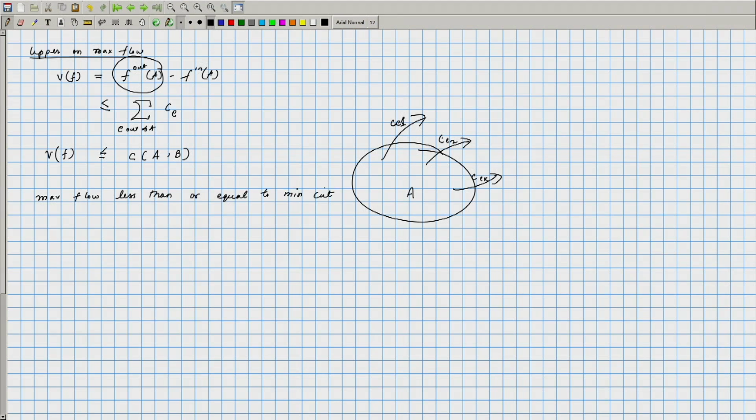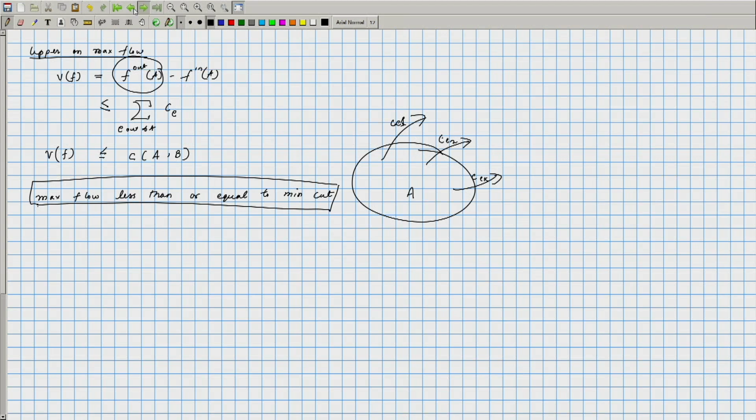Find the cut whose capacity is the least, and this theorem says that any flow's value cannot exceed the value of the min cut. Now, how do we show that the min cut will be equal to the max flow? That is what we will do in the remaining part of this lecture.